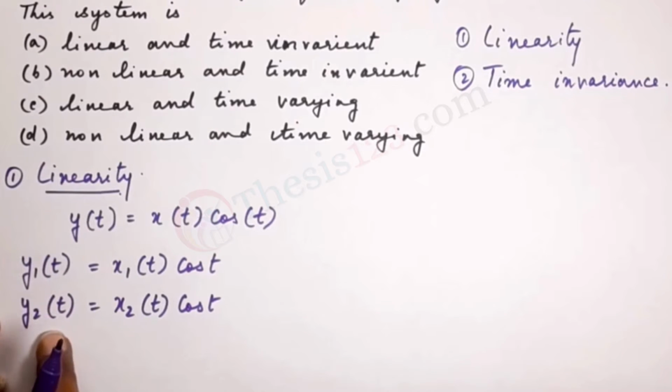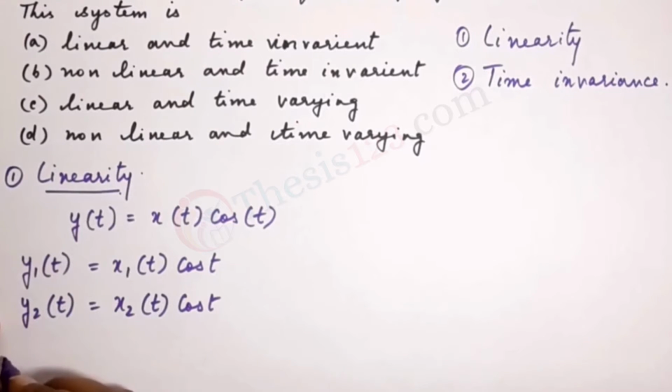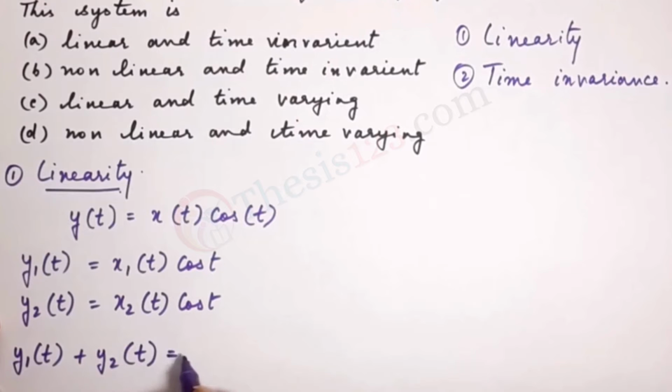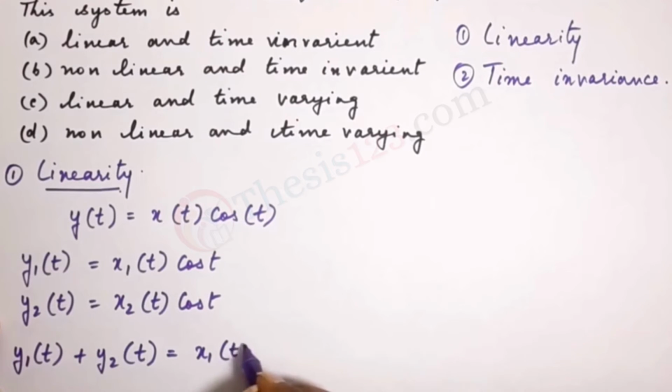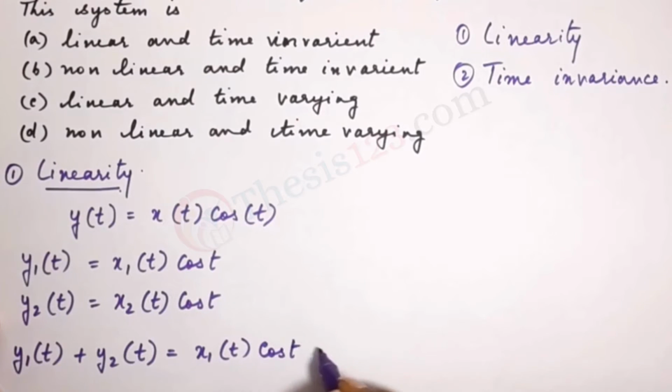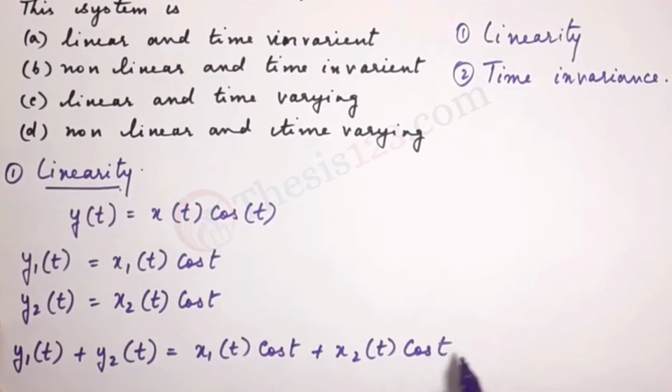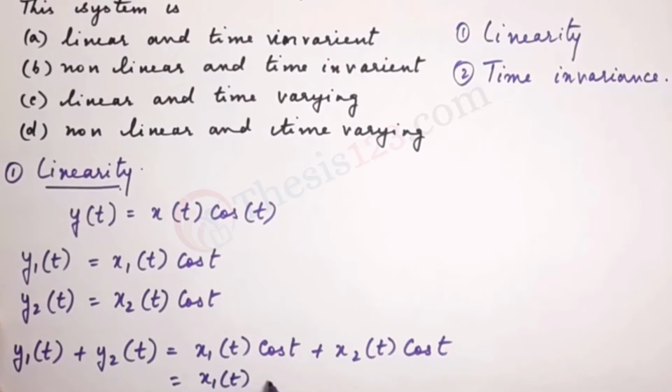Now if we add both of these, y1 of t plus y2 of t gives us x1 of t cos t plus x2 of t cos t. We can take cos t common: x1 of t plus x2 of t into cos t.